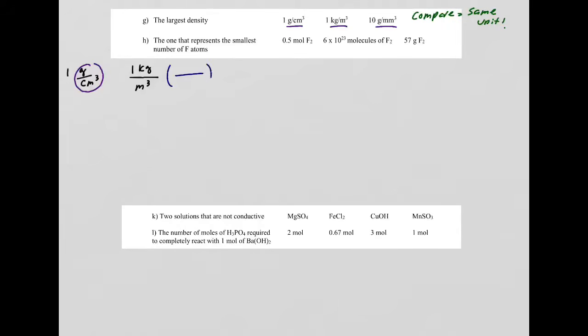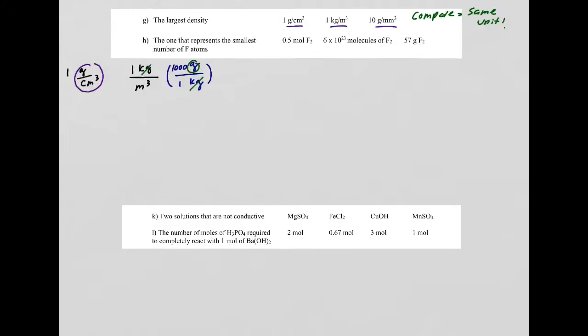It means I don't want kilograms. Kilogram is going to go here. Gram is going to go on top because that's what I want. What's the relationship between kilograms and grams? You know it. 1 kilogram is 1,000 grams. Alright, so far so good. So the kilograms cancel out. I end up with grams.